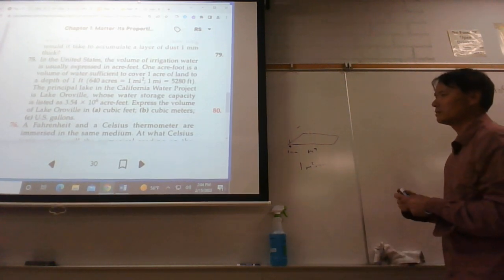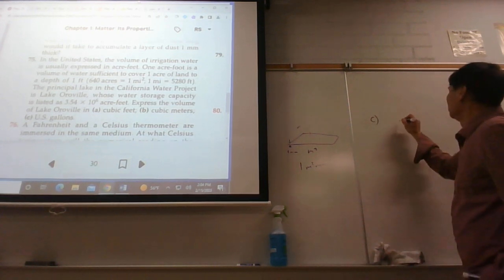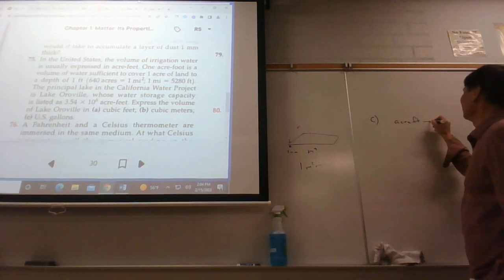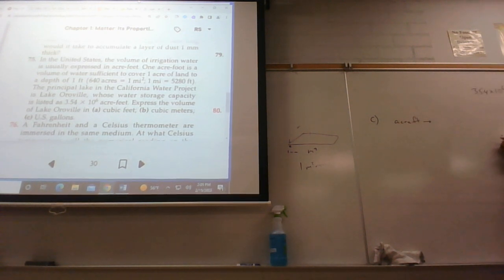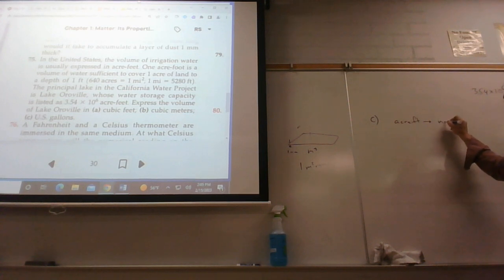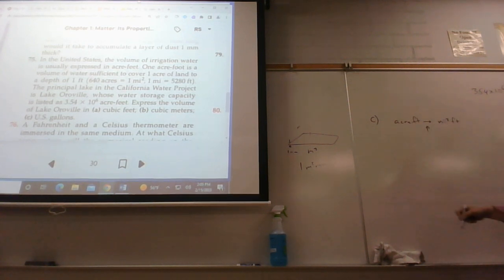So let me just take a look at gallons for this. We're going to start off in acre feet, and then we're going to convert it to miles squared feet. This uses the conversion factor given here.